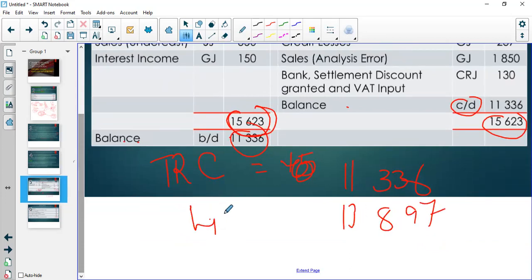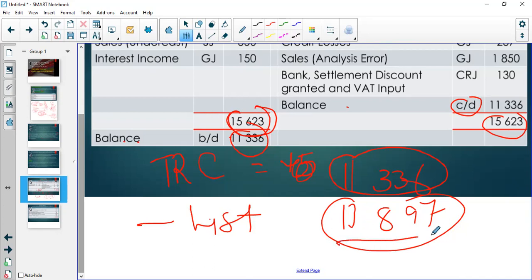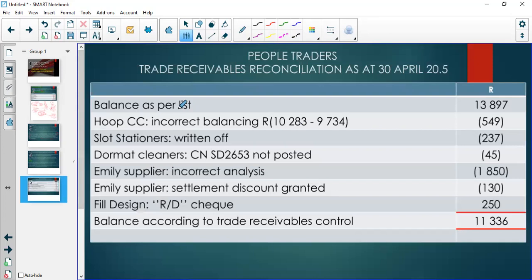This is the individual list. Because this is correct, now we have to work on the individual list. We're going to start from the total for the individual list of balances of individual debtors. So this is our amount. Then we're going to make adjustments. So this is how we make those adjustments. Let's do the adjustments. So balance per the list, this is what we have.